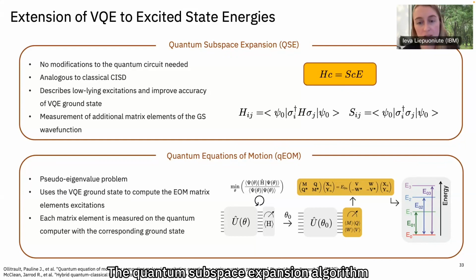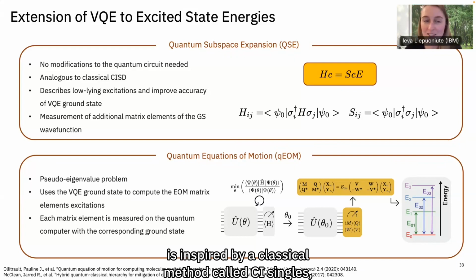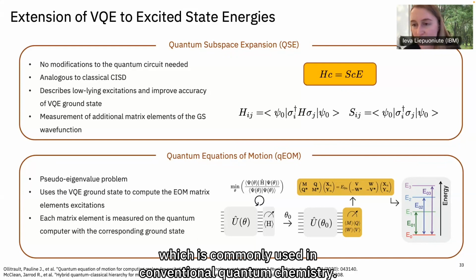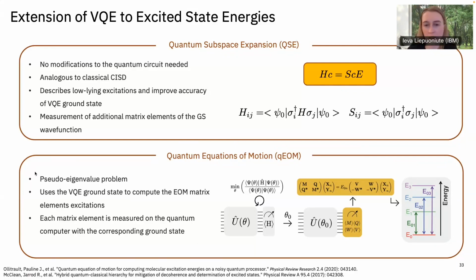The quantum subspace expansion algorithm is inspired by a classical method called CI singles, which is commonly used in conventional quantum chemistry. On the other hand, the QEOM algorithm is more resistant to computational noise.